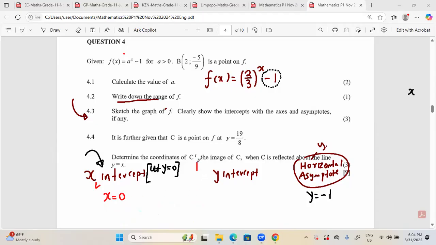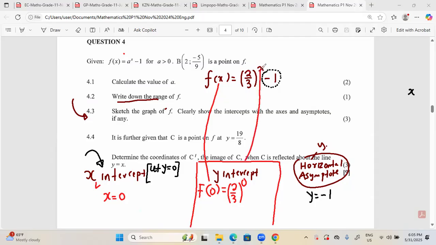Now I'm going to look for my y-intercept. For me to sketch the graph, I also need the y-intercept. How do you find the y-intercept? You let your x be 0. You say f of 0 equals 2 over 3, where there is x, you put 0, minus 1.